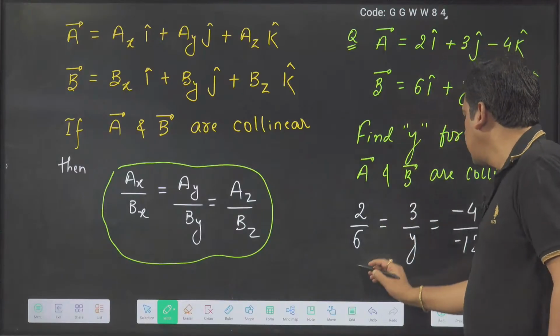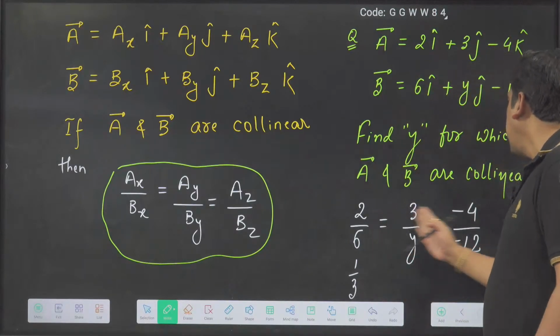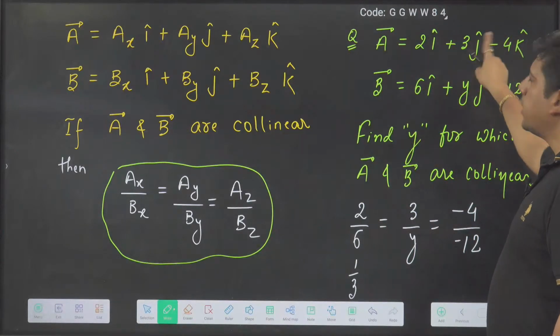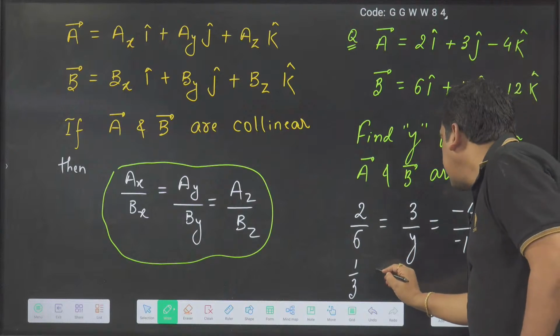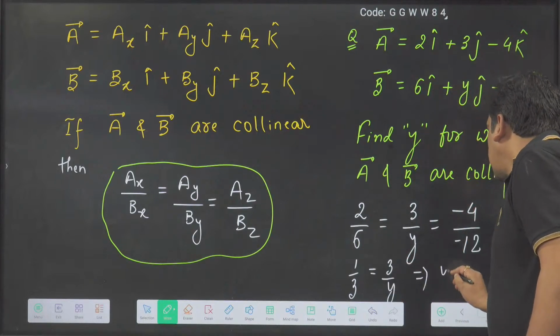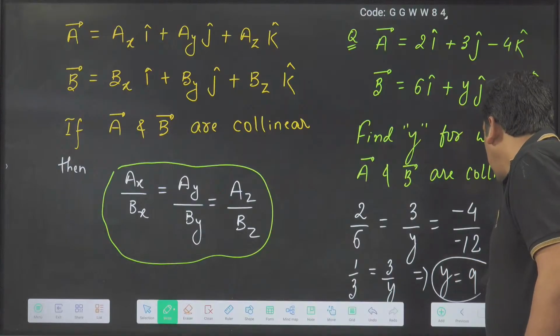You can check, it's 1 by 3. You don't need to equate all three, any two will work. So 1 by 3 equal to 3 by y, so y equal to 9.